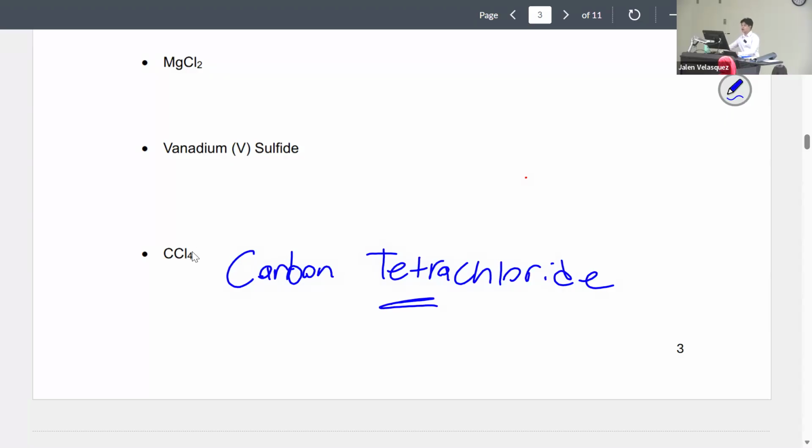CCl4, is this covalent or ionic? Covalent. So when you have covalent compounds, remember you have to use those numerical prefixes to indicate how many of that atom you have. So we have 1 carbon, 4 chlorines. That's where tetra comes from, it's 4. Why isn't it monocarbon for 1 tetrachloride?